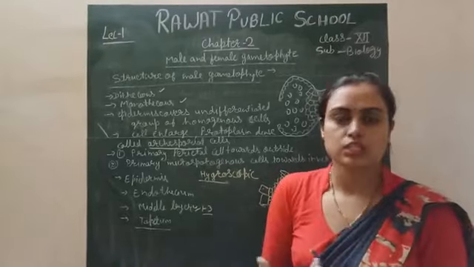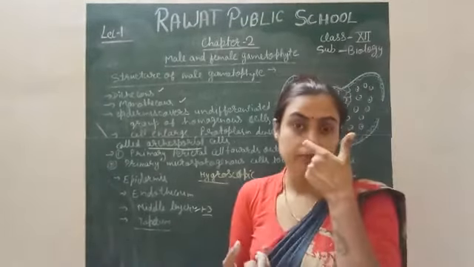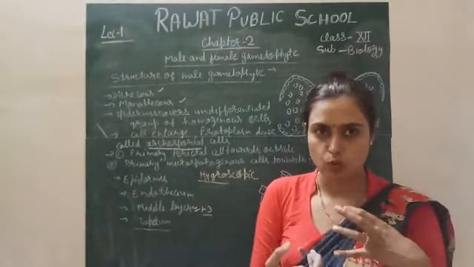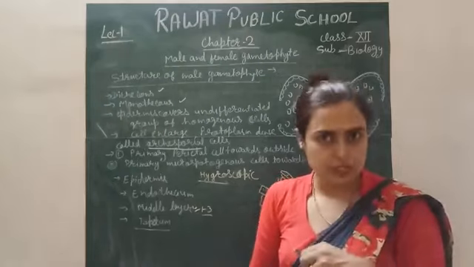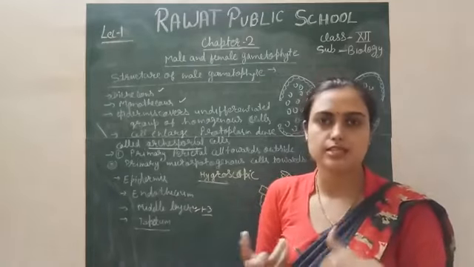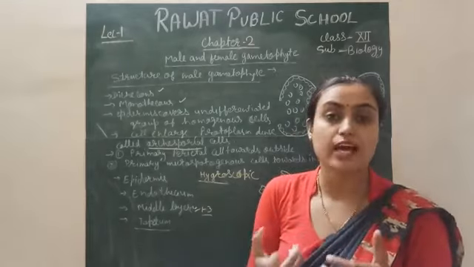Besides nourishment, the tapetum also plays another important role. Sometimes it acts as a secretory cell. It secretes some substances when the requirement occurs, and sometimes it behaves like an amoeboid cell.